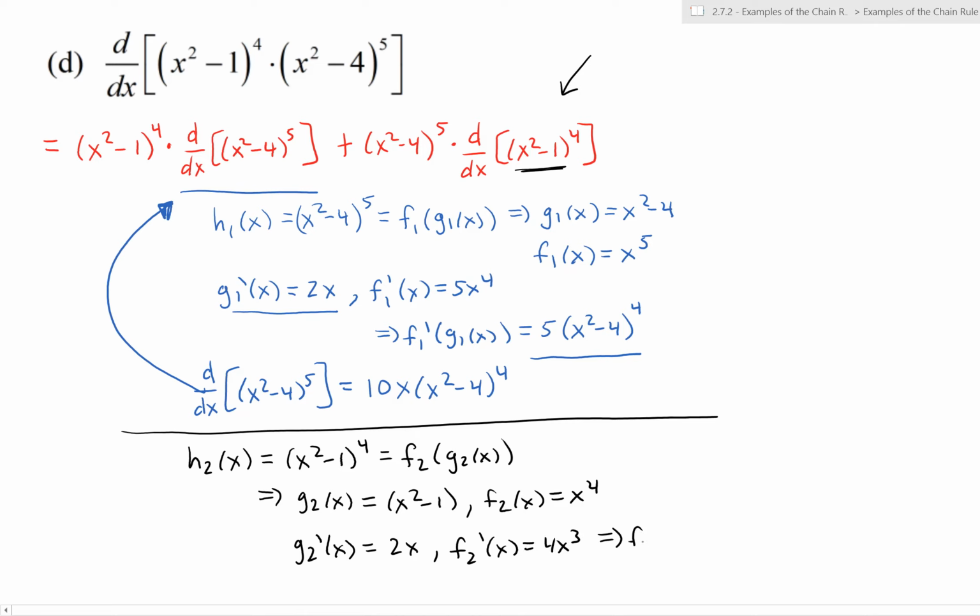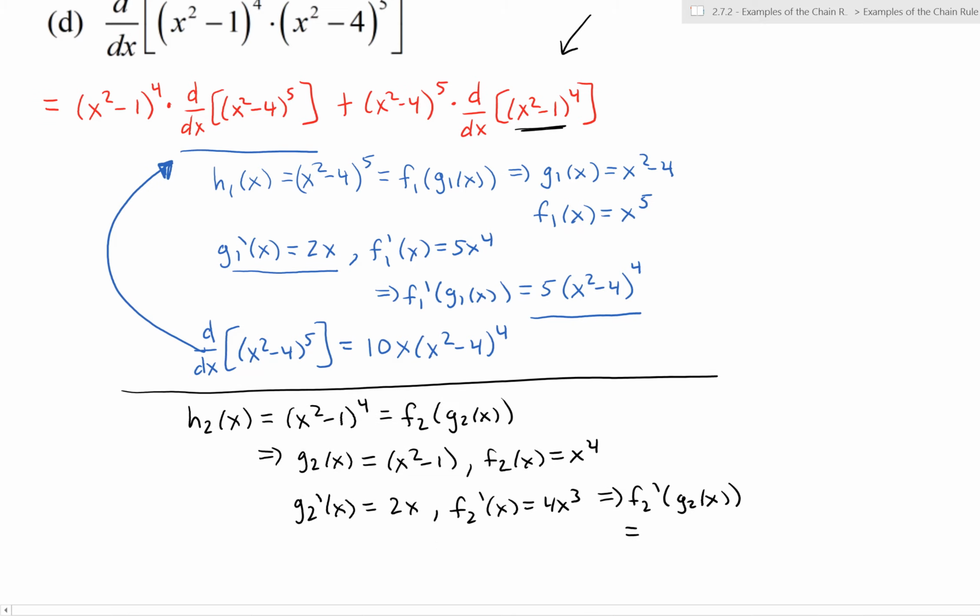And therefore, f2 prime of g2 of x is going to be equal to, well, again, replace my x in that derivative with g2, which is x squared minus 1. So that's 4 times x squared minus 1 to the 3rd power.